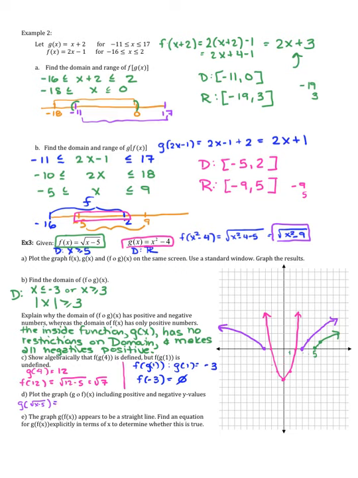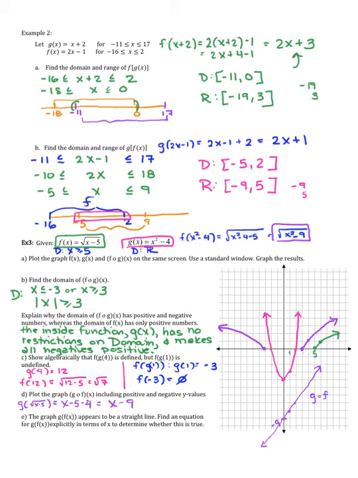When I plug it in, that input is going to get squared, so I end up with x minus 5 minus 4. It looks like just the equation of a line. So I'm going to go down to, this was at 4, 5, 6, 7, 8. Here's -9 as my y-intercept with a slope of 1. And that would be the graph of g of f.